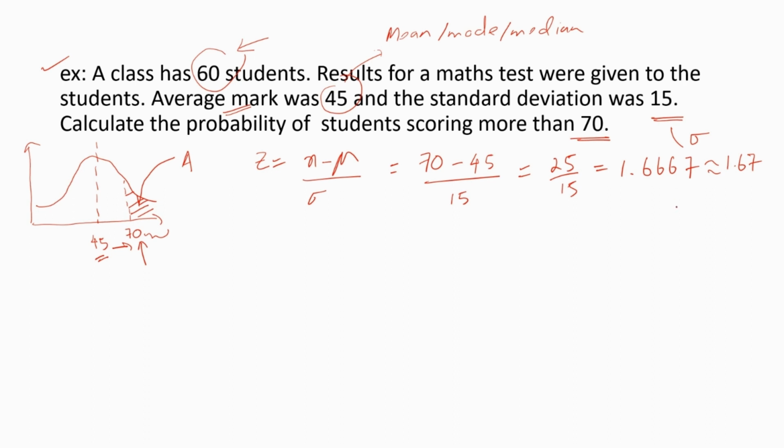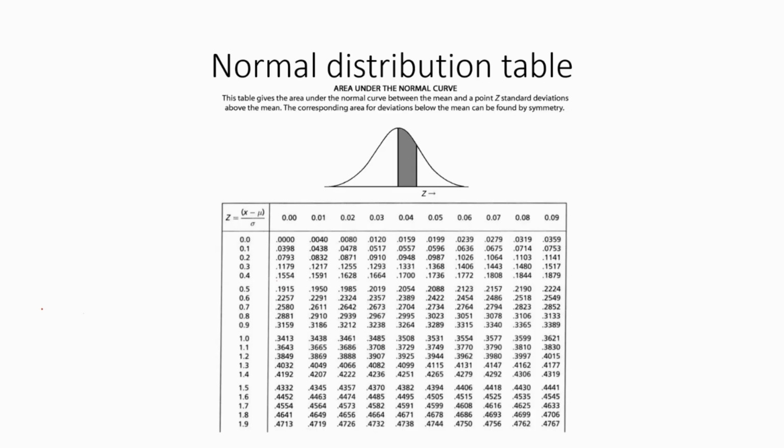So now what we have to do is refer to the normal distribution table and find the probability of 1.67. Let's do that. We have to find the probability of z-score equals 1.67. First, we have to go along this column this way. 0, 0.1, 0.2, like that.